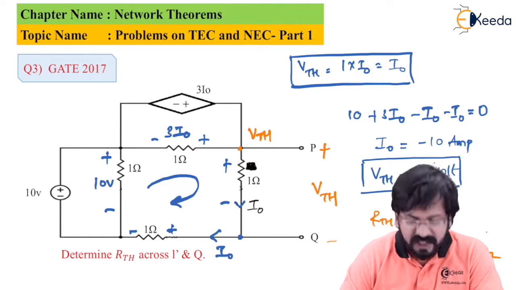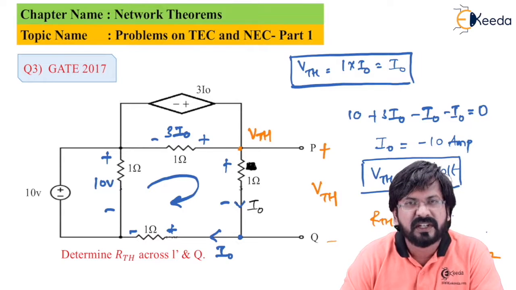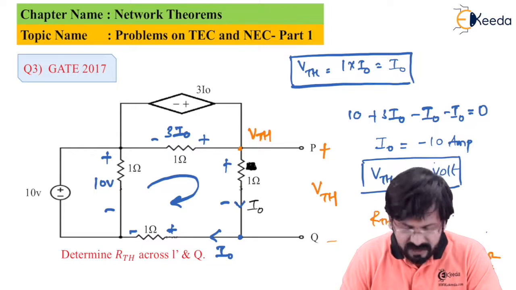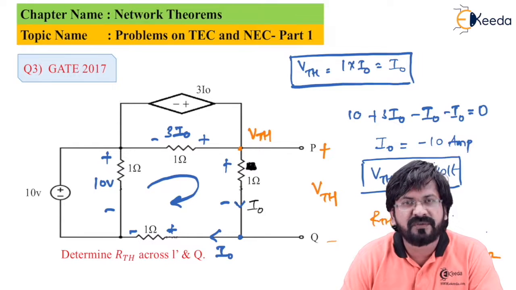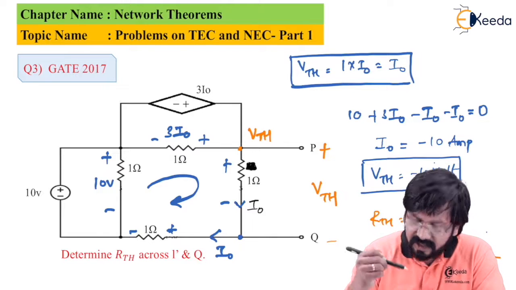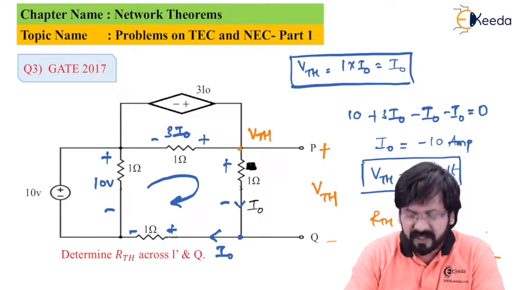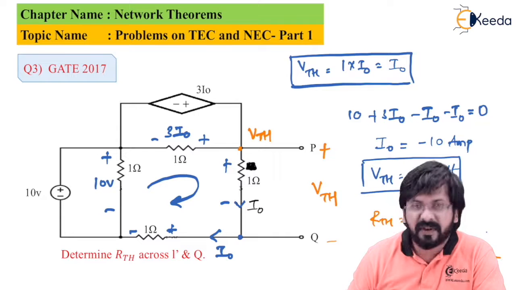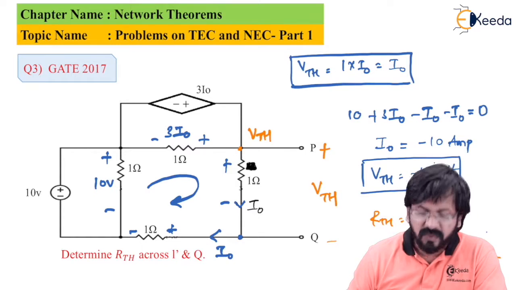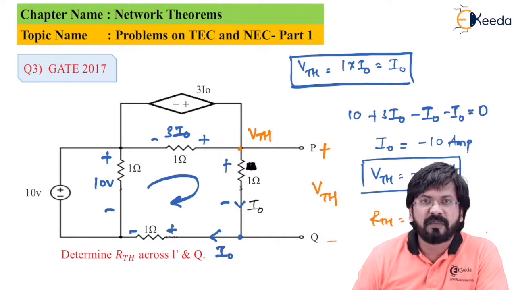If your overall circuit contains dependent sources, there is a probability that your resistance may come out to be negative, because these dependent sources consist of transistors, and at some given voltages or currents, your transistor may operate in a negative resistance region, which is reflected in the value of RTH. That is the reason why in this case the RTH value that we have got is negative. So the final answer is RTH equal to minus 1 ohm between P and Q.